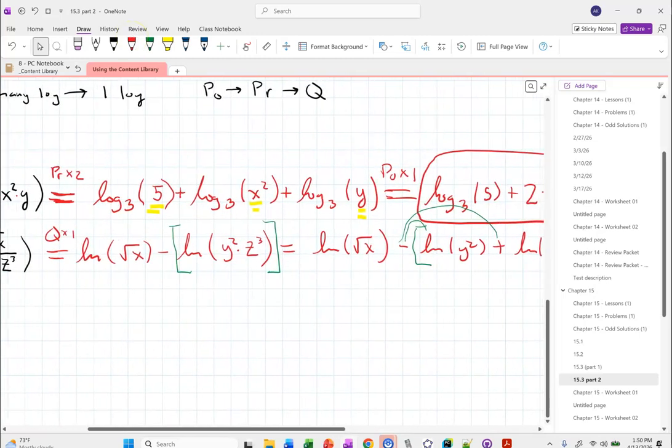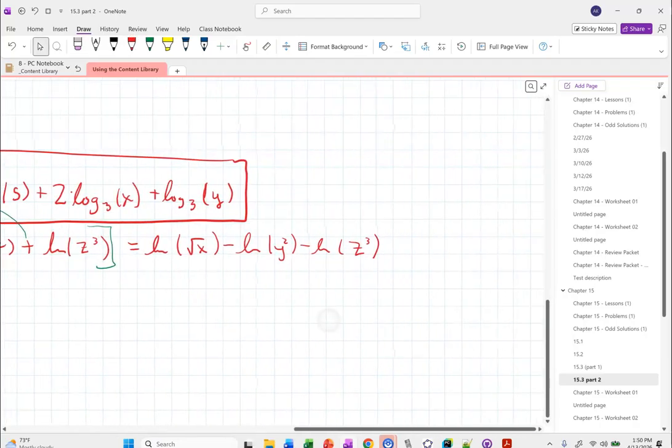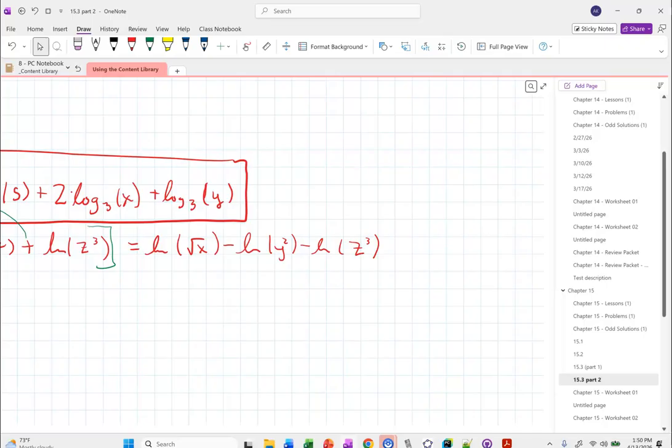We've done our product property. We've done our quotient. We've done our product. What's the last thing I need to do? Power. How many power properties do we see here? Three is correct, Gabby. Does everyone see the third one? Yeah. What is it? The square root is what power? One half. Yes. So we have a power property times 3.